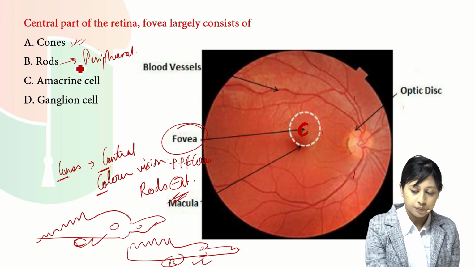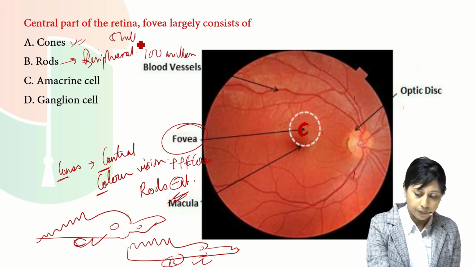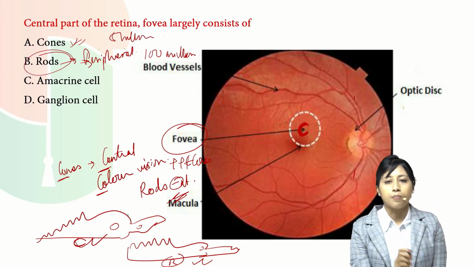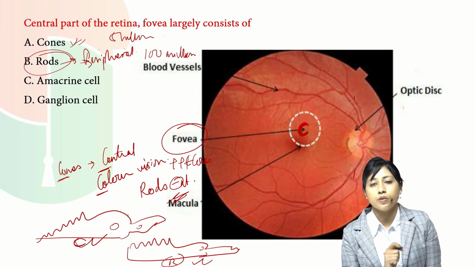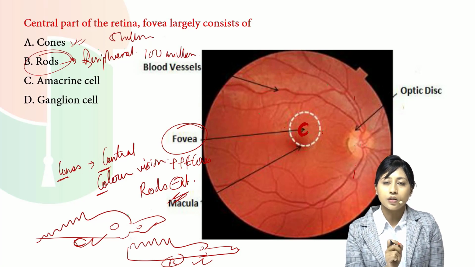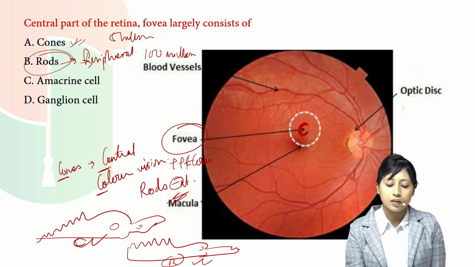Rods are 100 million in number, and cones are 5 million. Rods are responsible for peripheral vision or black and white vision, whereas cones are responsible for color vision, and they are present in the center, that is, the fovea, the central part of the retina.